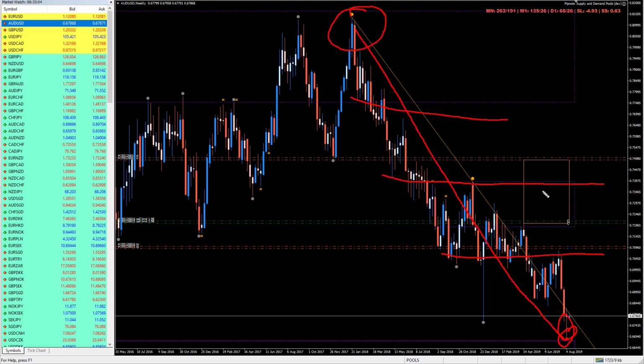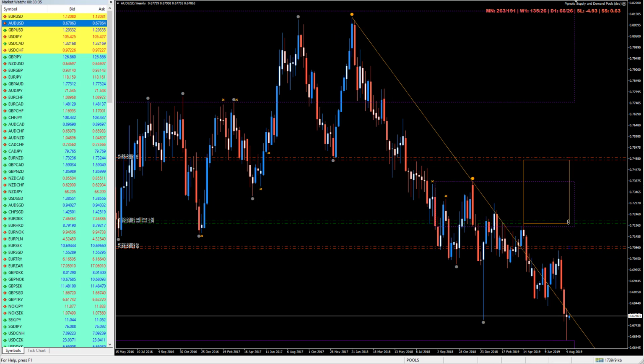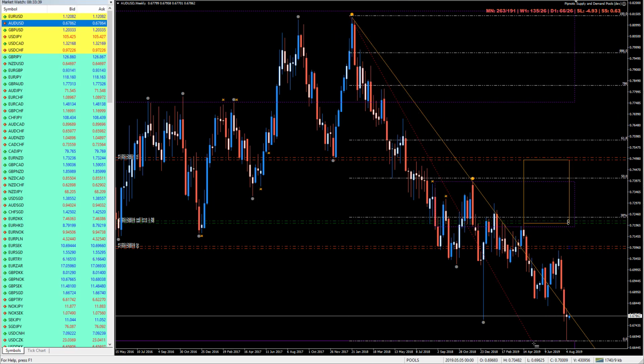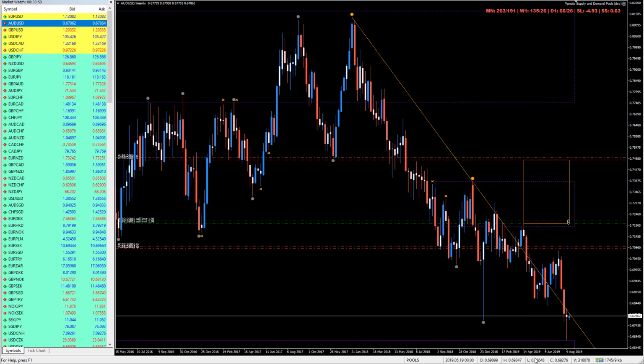This is about 38% retracement just around here. So this is probably close to about as shallow as you want it. Let's try with the fibs. I don't use fibs a whole lot, but we'll just do it for fun. Yes, it's pretty close to 38%, as I just said. So this might be an interesting place to have a look for an initial test. Okay, so we'll leave that in there.